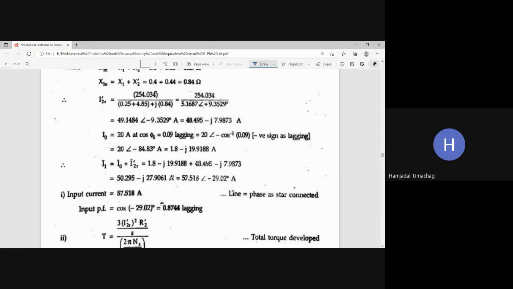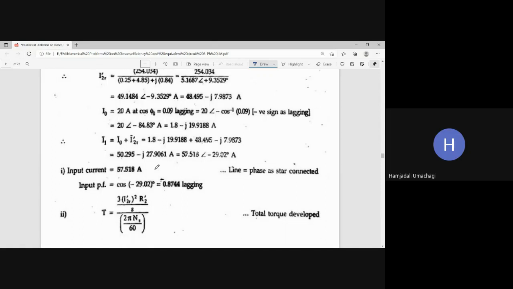If you convert this into polar form, the magnitude will be 57.518 at an angle of minus 29.02 degrees. So this is the stator current I1 in polar form and in rectangular form. Now let us calculate the asked parameters one by one.